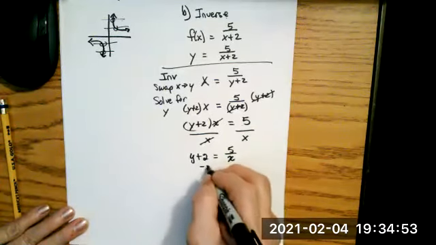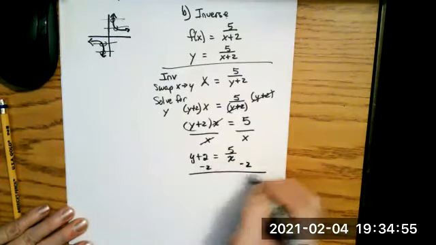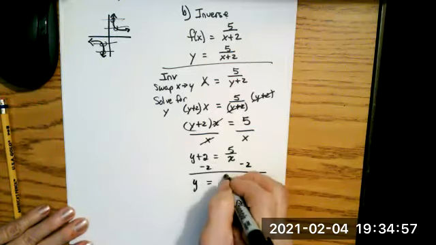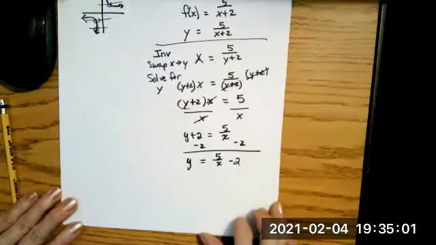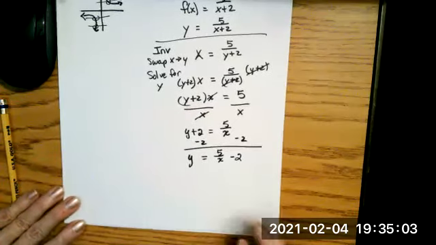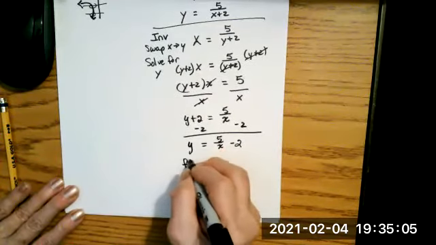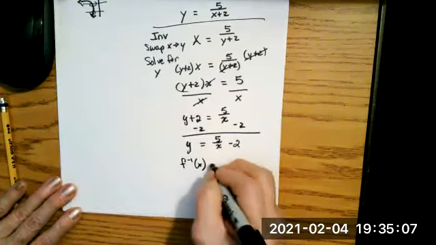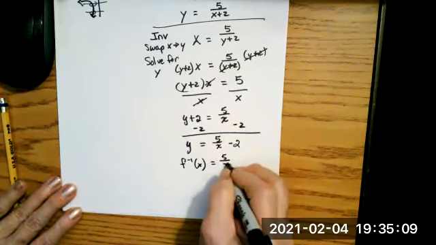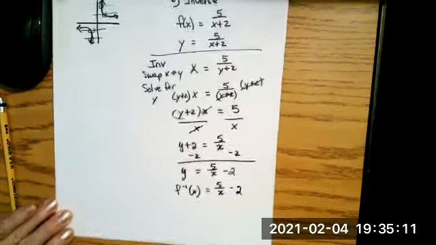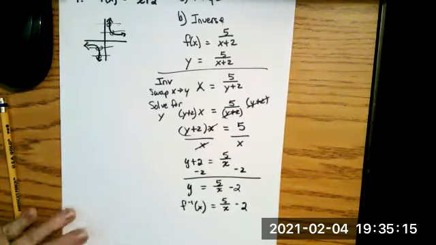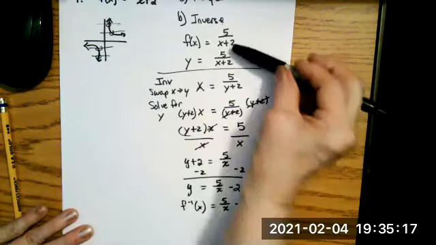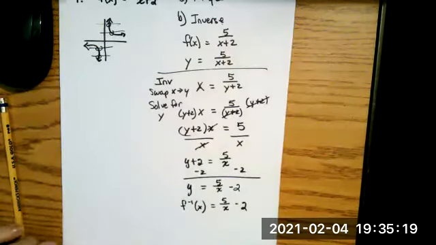Then I'm going to subtract the 2. So I have y equals 5 over x minus 2. Now that is my equation for my inverse. All I need to do is just put my special inverse notation where that y is, and I've got my inverse. Notice how these compare. This is minus 2 down here, and that's plus 2 up there.